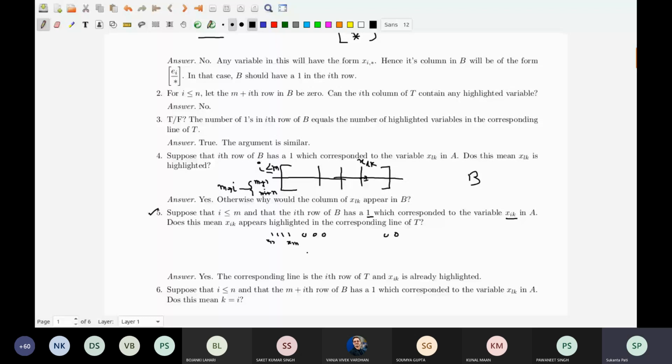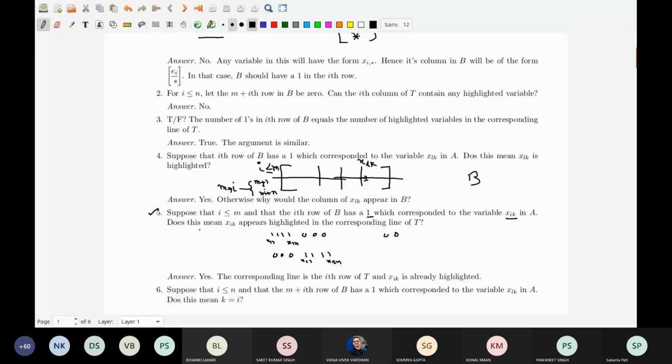This is x21 up to x2n. And the ith row will have ones only in xi1 to xin. These are the places it can appear. Does this mean xik appears highlighted in the corresponding line of T?